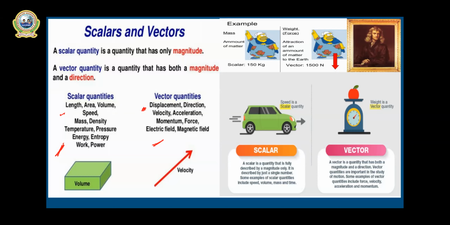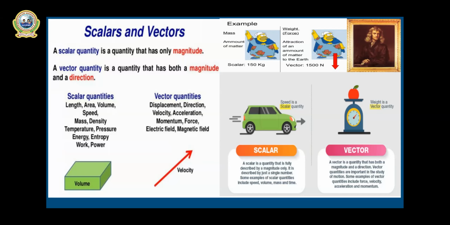So displacement has direction. The quantity which depends on displacement is velocity, and velocity is also a vector quantity. Another quantity that depends on velocity is acceleration. So acceleration depends on velocity, and velocity depends on displacement.